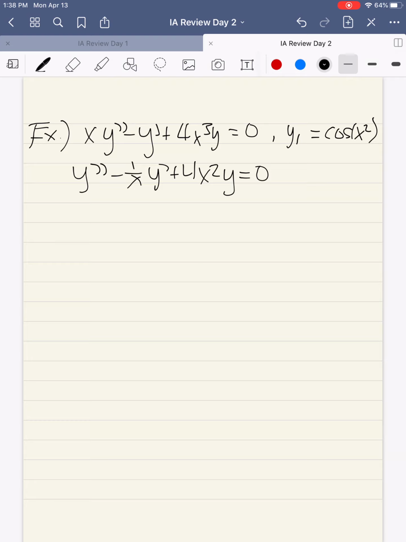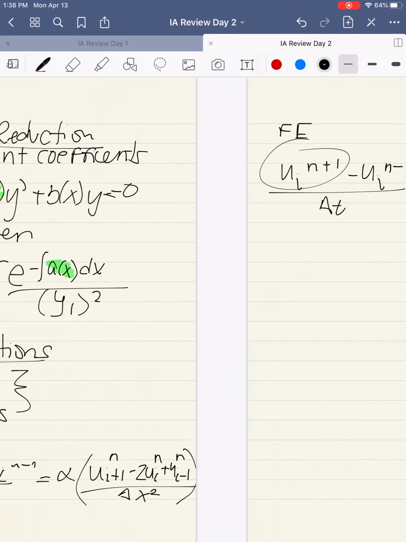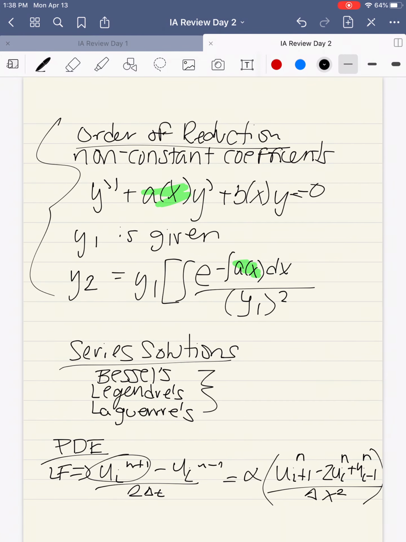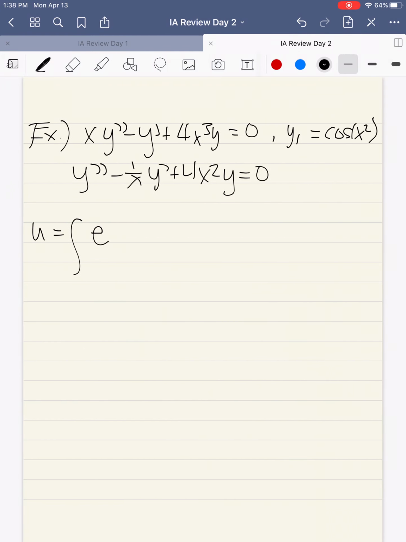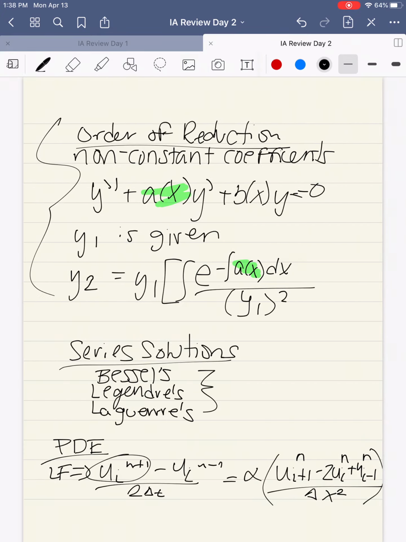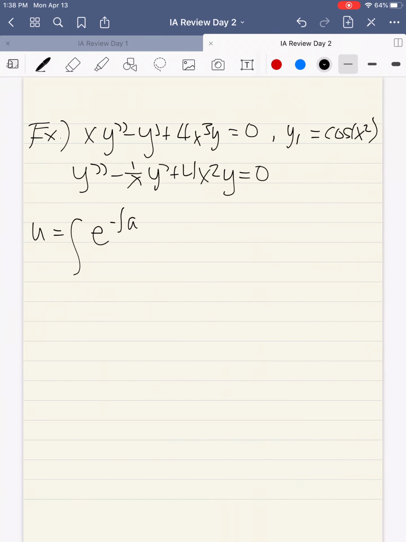And so now, in order to find our y2, we need to find our u, which is equal to the integral of e to the negative integral of a. And then we divide that quantity by our y1 squared.